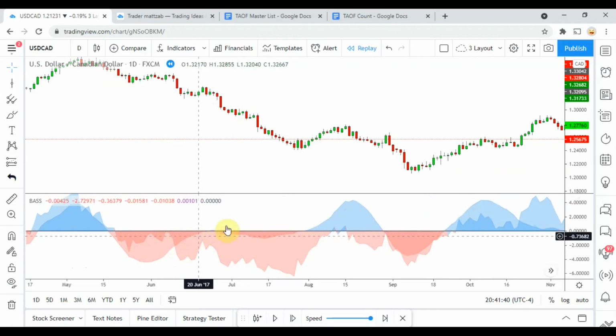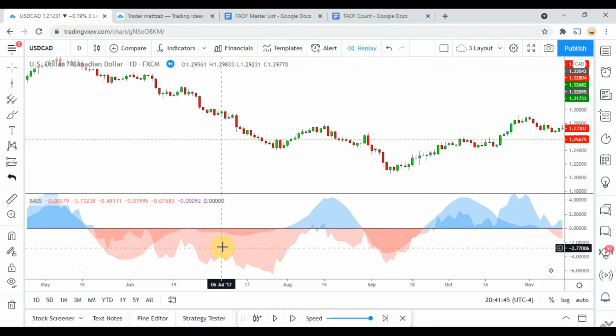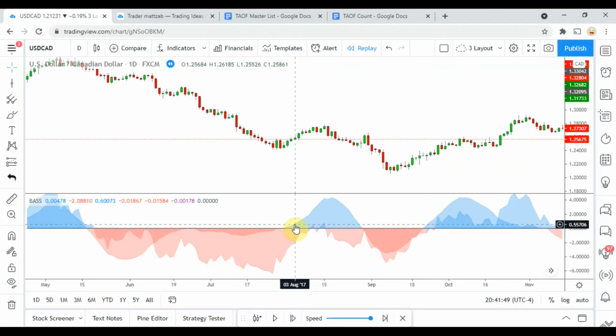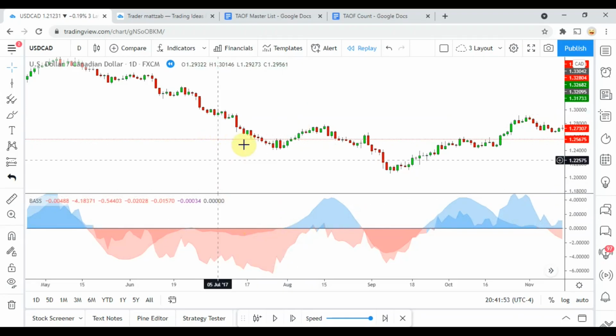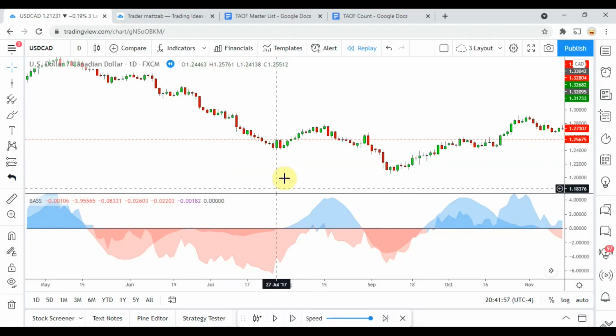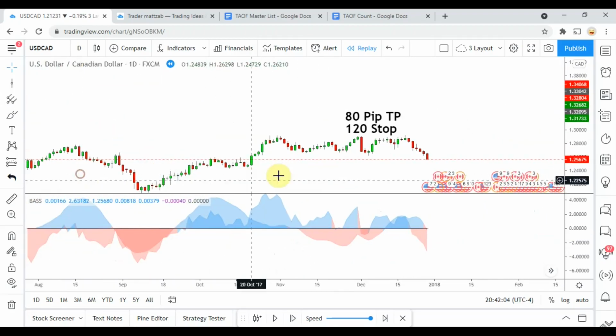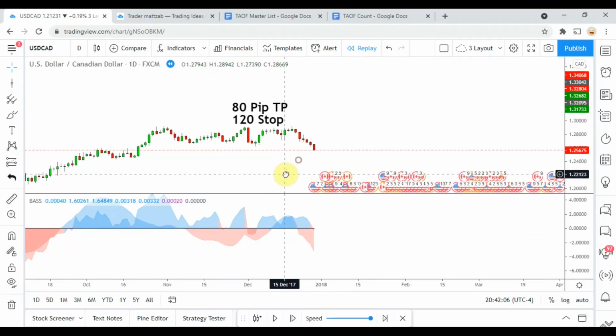So you can see this big red cloud down here at the bottom, and it goes red, light red, then darker red, and then it starts to go blue right here, a lighter blue. That is a good indicator that a change is starting to take place. Then once the dark blue actually sets in, that will be a sign or a signal to go long.